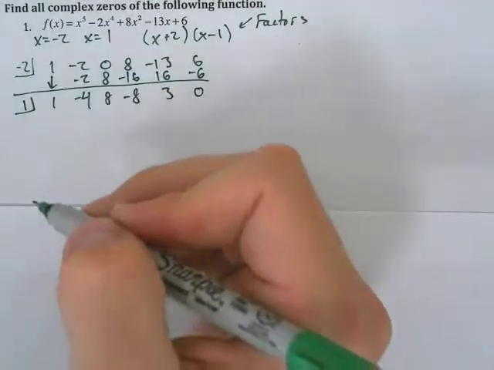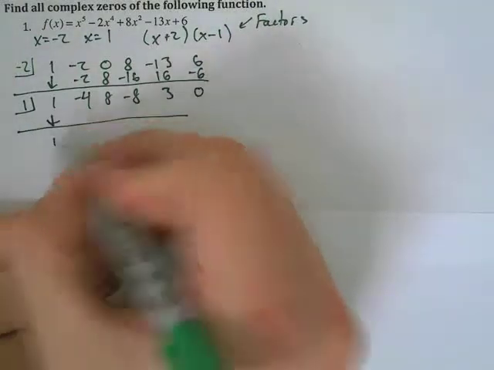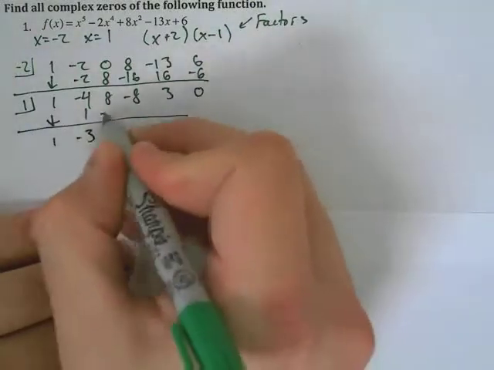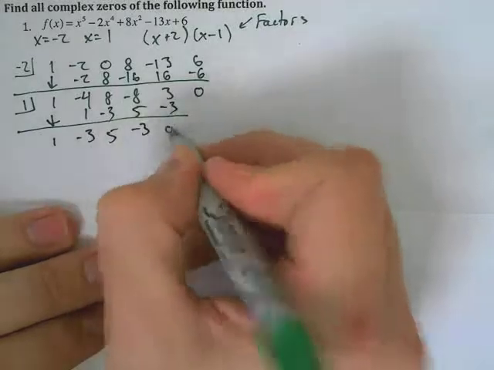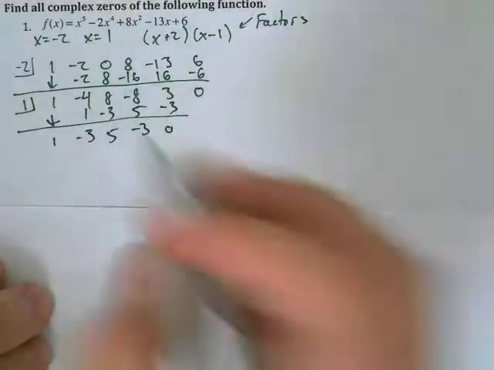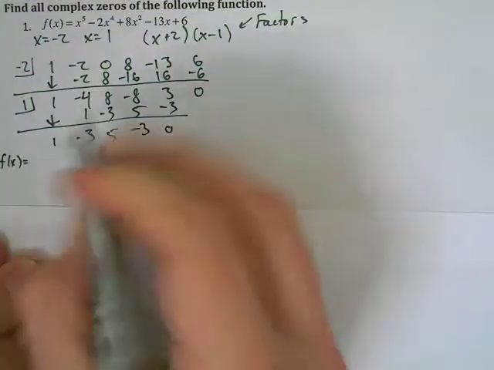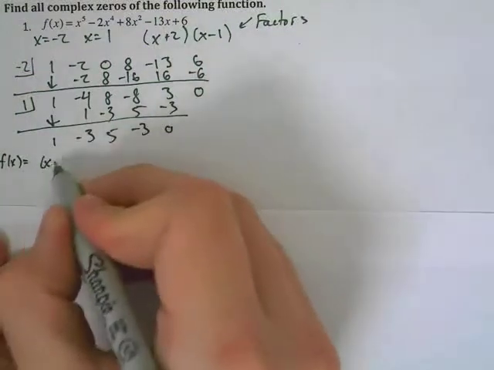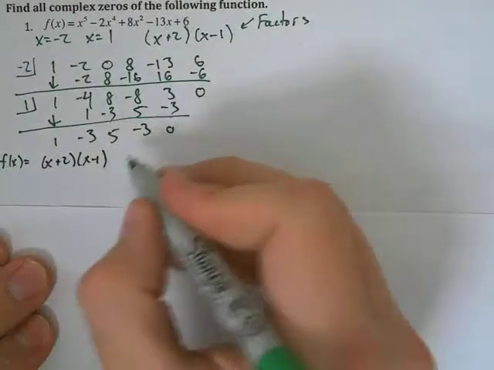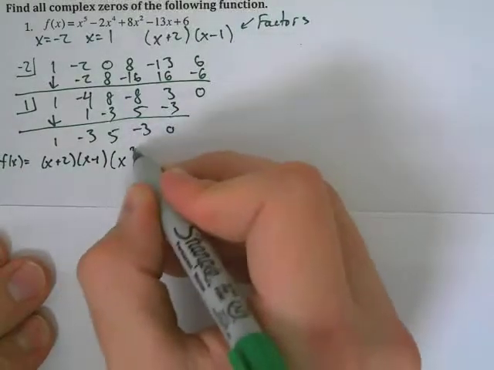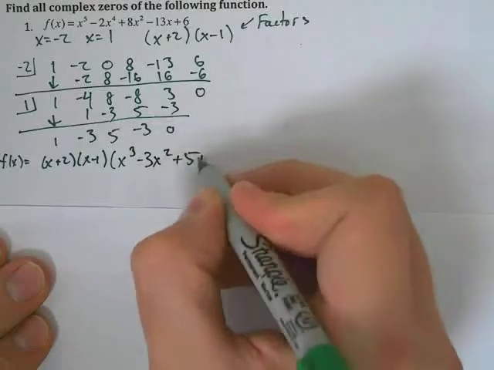So I'm just going to continue with this by putting 1 up there in the corner. And we get 0 as a remainder there as well. So what we're left with for f of x here is x plus 2, x minus 1. Those are the 2 things that we factored out. And then what we have left here is x cubed minus 3x squared plus 5x minus 3.